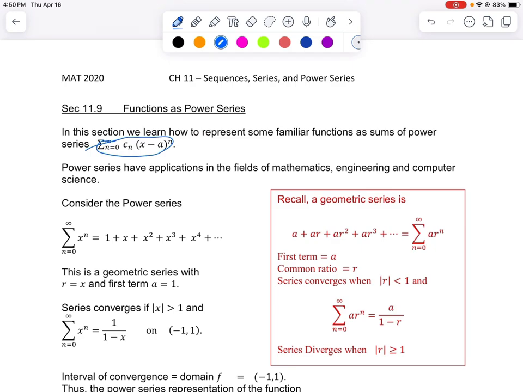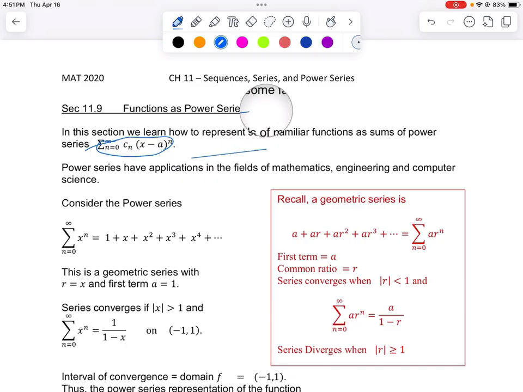And if in any case the series will converge, usually we will have the series in this form, that it converges on an interval.